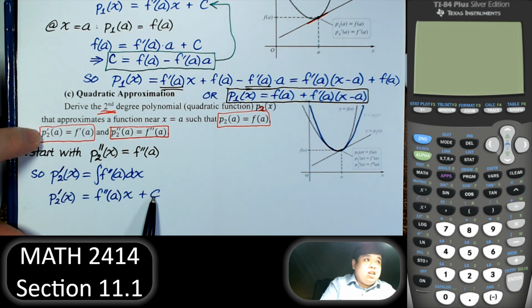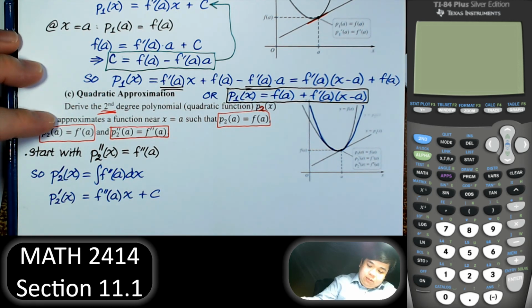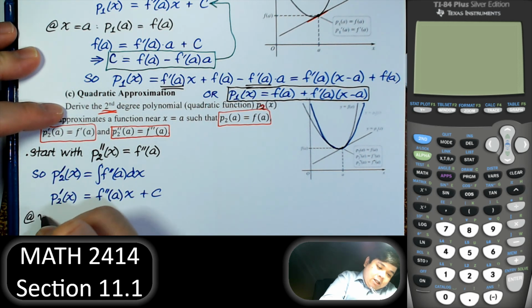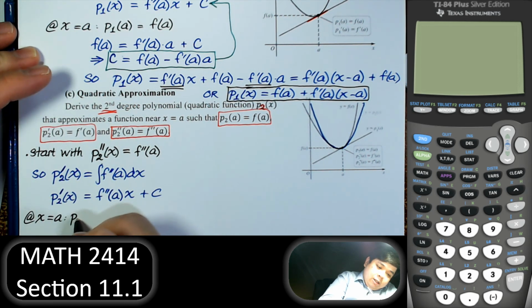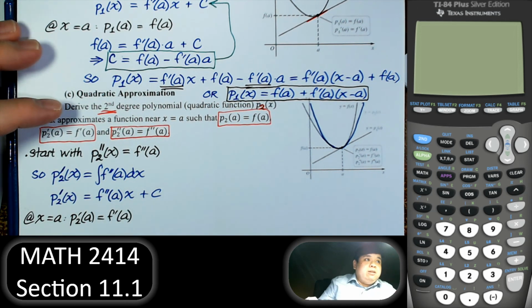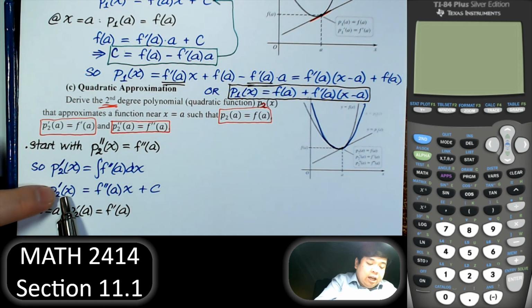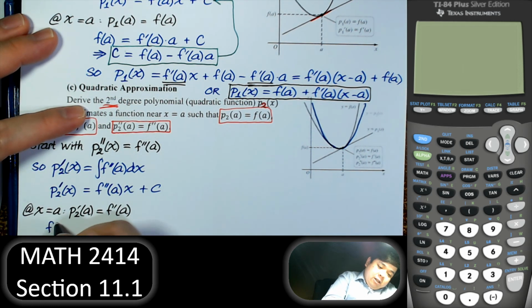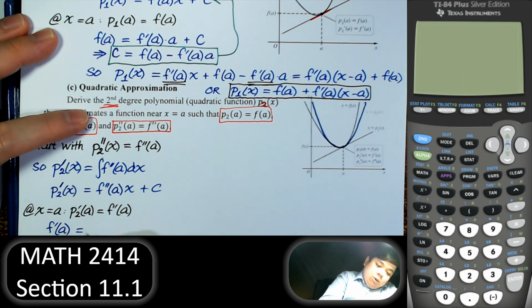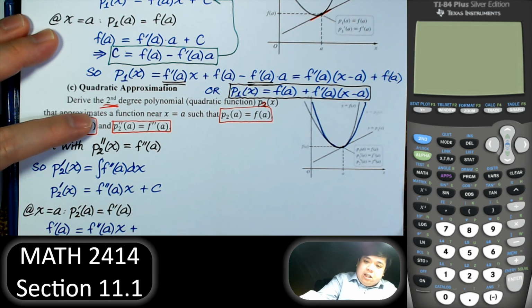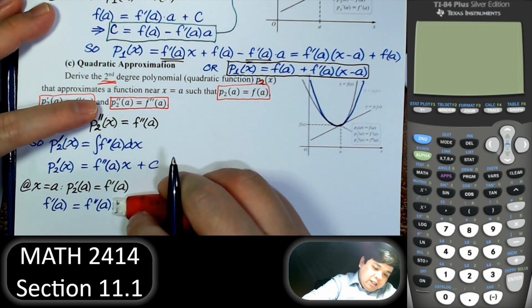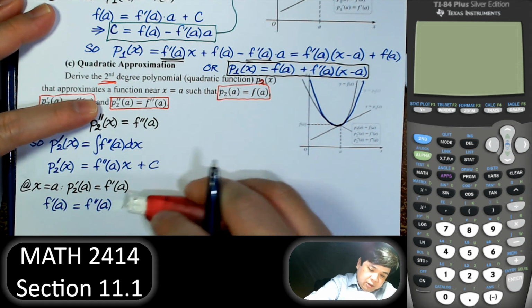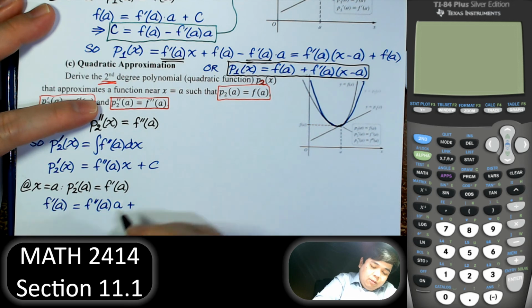To solve for this c, we have this initial condition. At x equal to a, the first derivative is given. So put a in here, we have p2 prime of a, which is f prime of a, equal to the second derivative at a times a plus c.